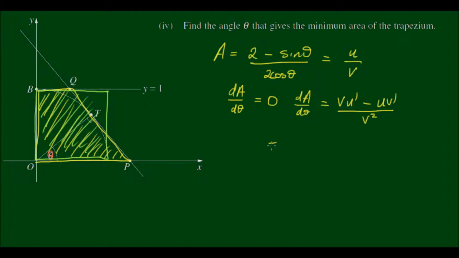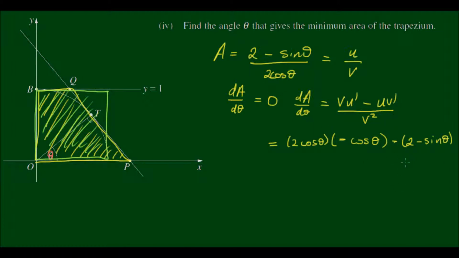So carrying out the operation, v remains, so we have 2 cos theta. U prime is, so 2 differentiated goes to 0 because it's a constant, so we're left with minus, and sine differentiates to cos, so we have minus cos theta, minus u, so the top part remains the same, so 2 minus sine theta, and looks like I'm running out of space, so I'll write it directly below.